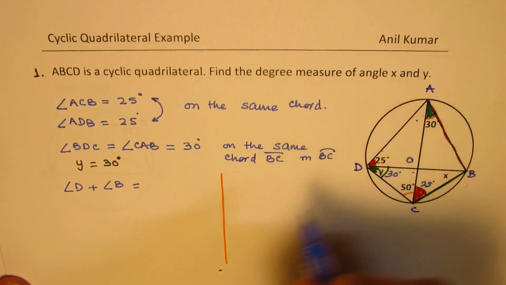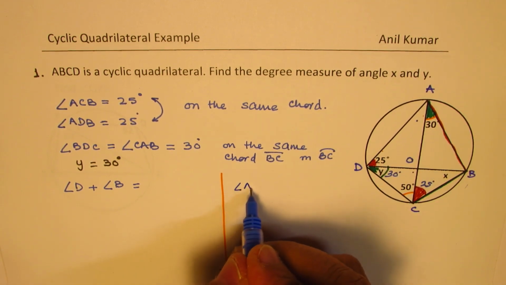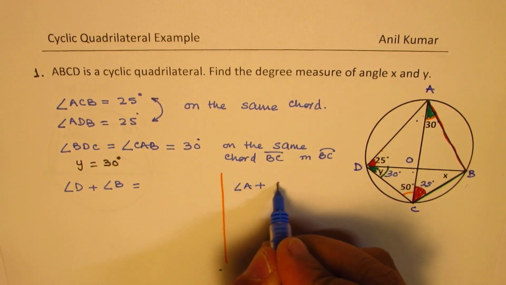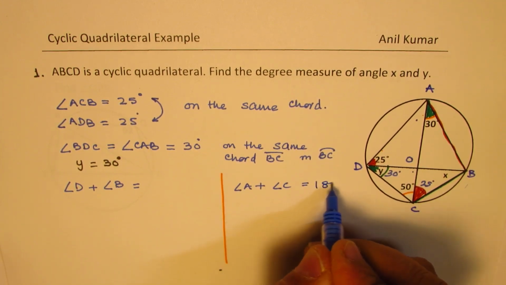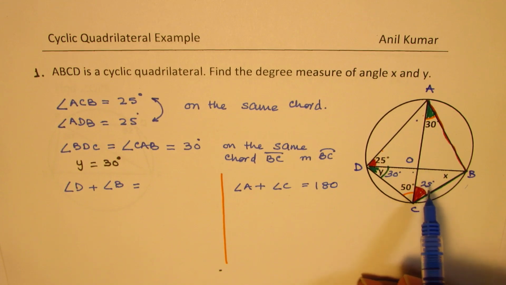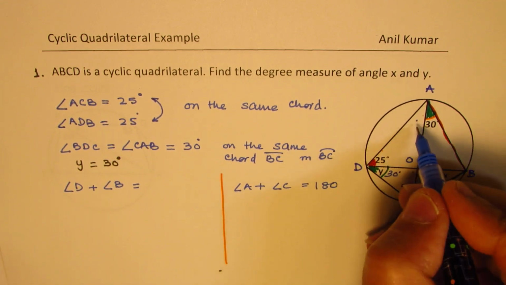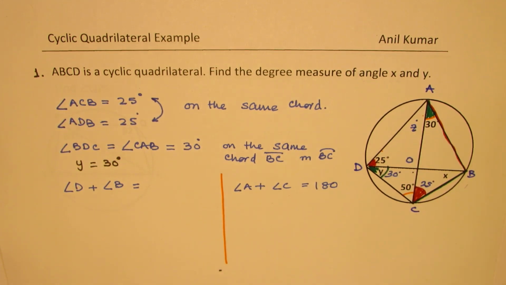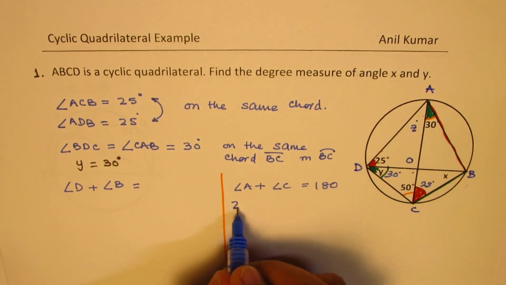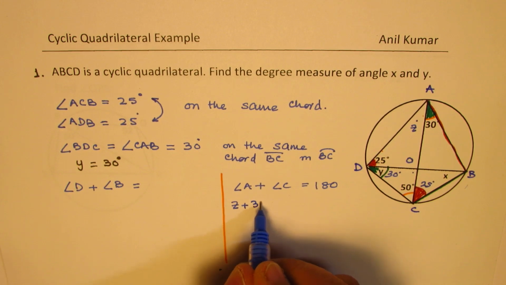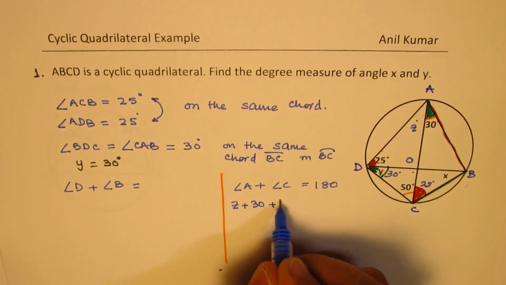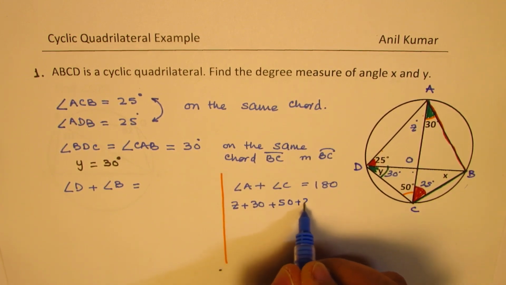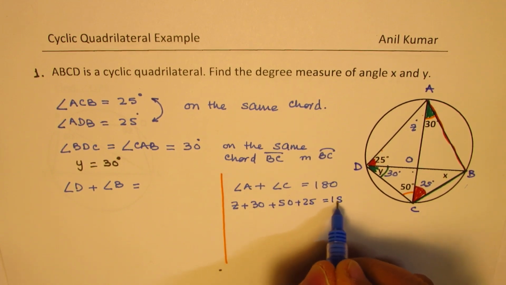Let's go with angle A plus angle C should be equal to 180 degrees. That is the property of cyclic quadrilaterals, right? So let's say this angle is Z for us, right? We don't know this. Let's say this is Z for us. In that case, the angle Z plus 30, and here we have plus 50 plus 25 should be equal to 180 degrees.